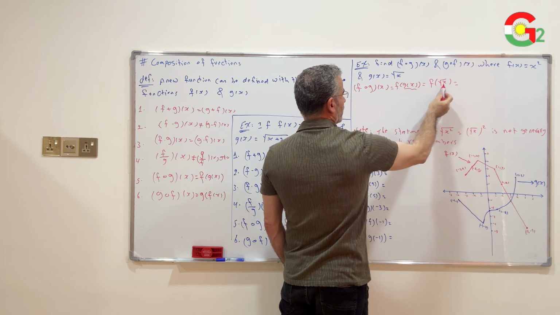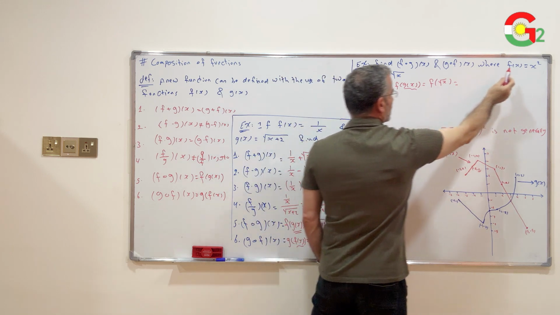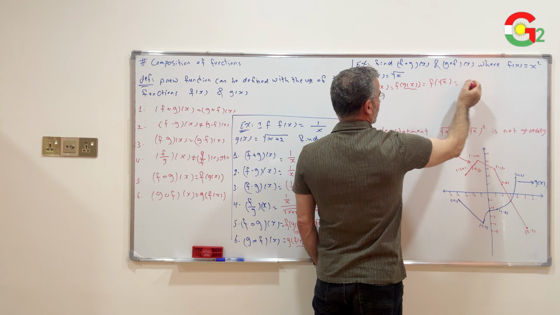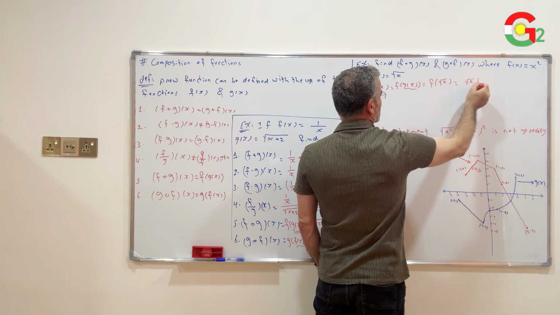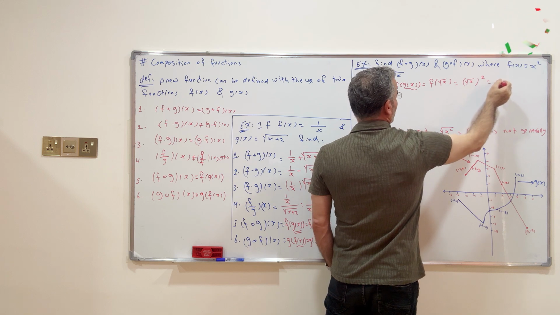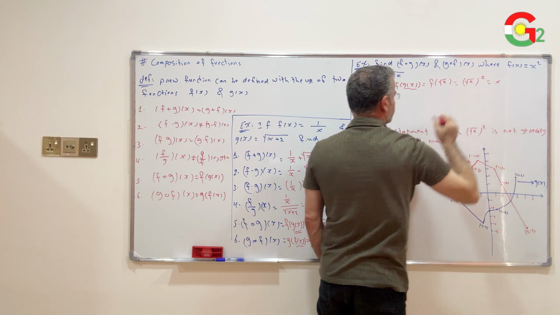Then f of square root x, in the function f, change x with square root x. It will be square root x power 2 equal to x.